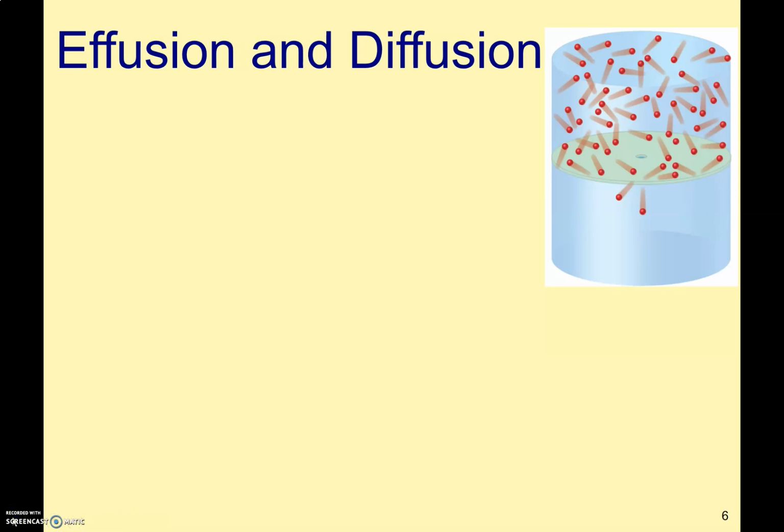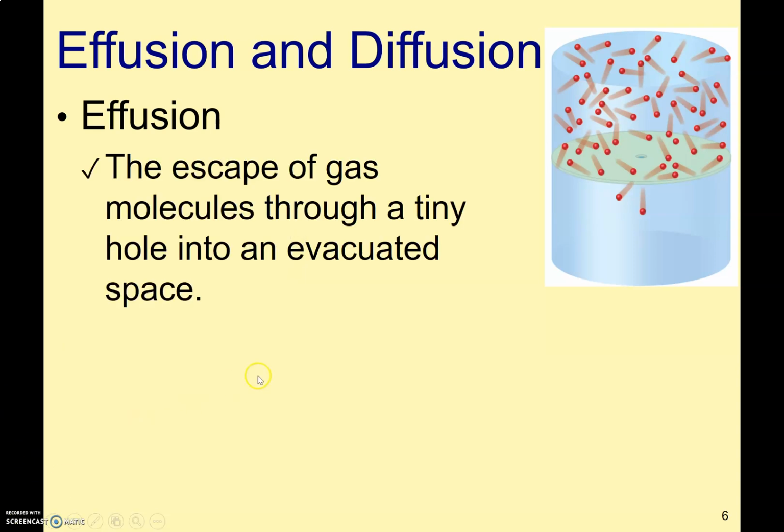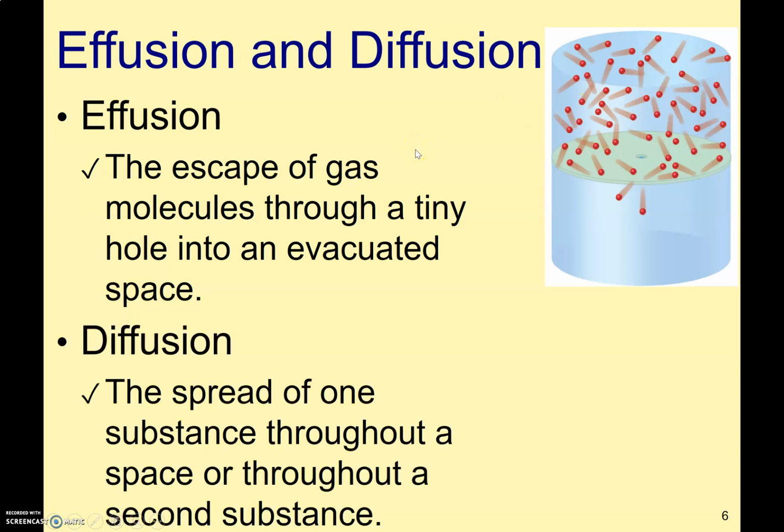Now we're going to talk about two new words. Effusion, which is the escape of a gas through a tiny hole in a container. So if there was a hole in the container, how fast would the gas move? And diffusion, which is the spread of substances throughout a space, or if you opened a container.